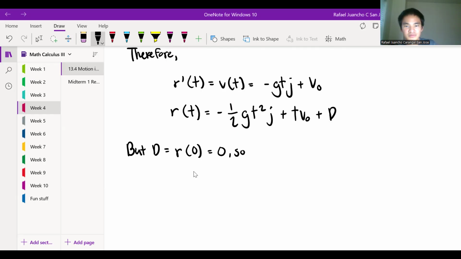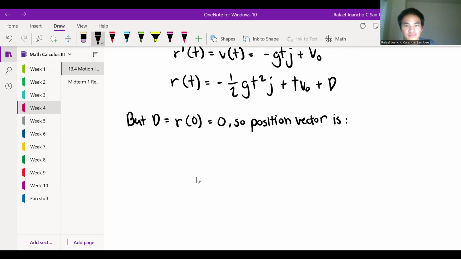And so now we have our final answer. Position vector is r of t. We put our negative 1/2 g t squared j plus t v naught. My bad.